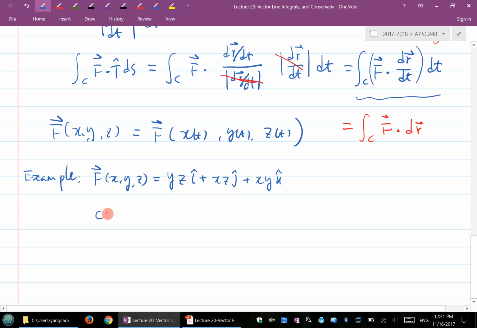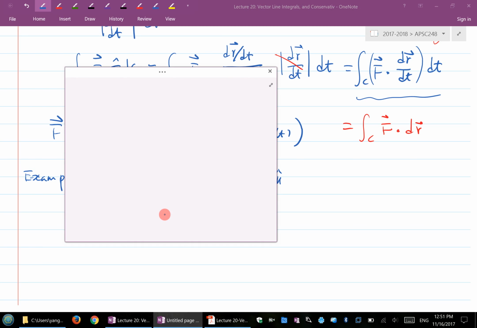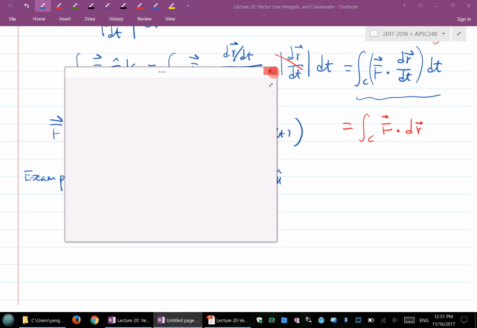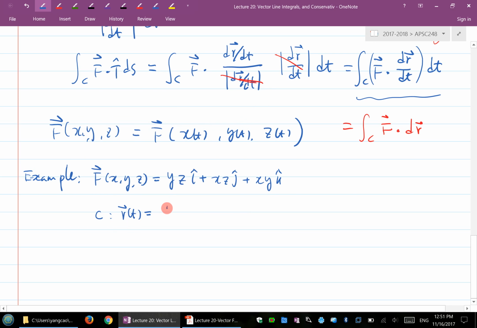And then we have the curve C given by t i hat, t squared, t cubed. The question gives you everything.